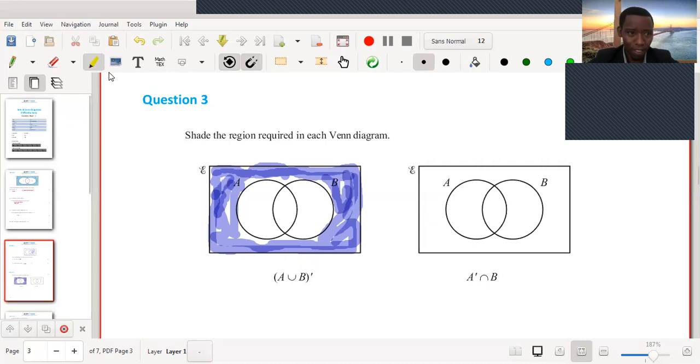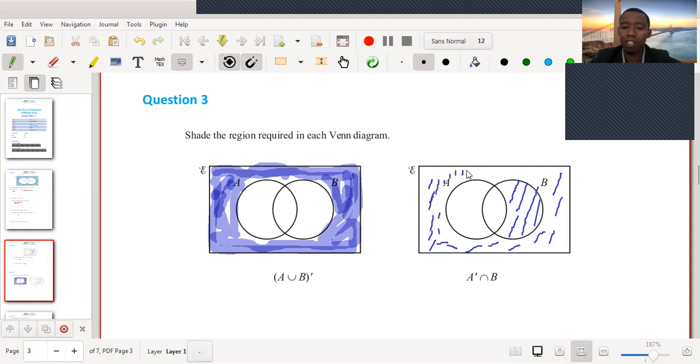In this case, I'll be using my highlighter, my pen here. So I'll shade outside. I'm shading A complement. A complement is everything which is not in A. So I'll also shade outside here. So this is part of it. Also, this is part of it.